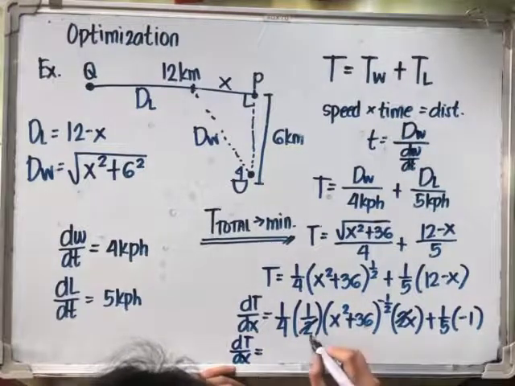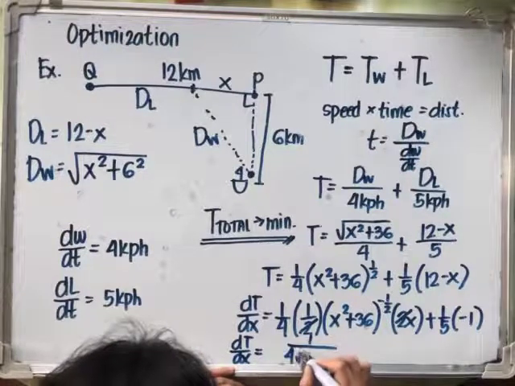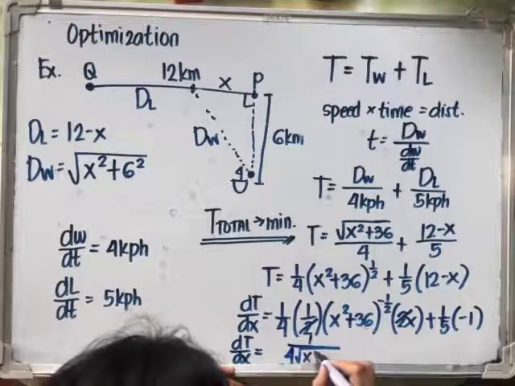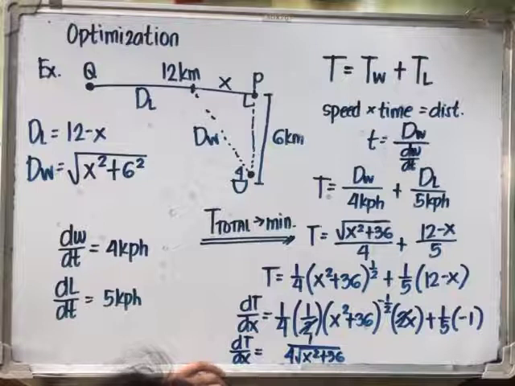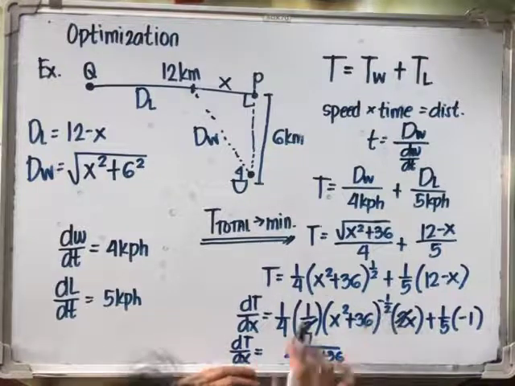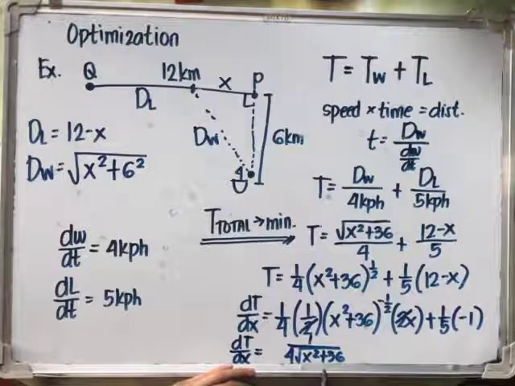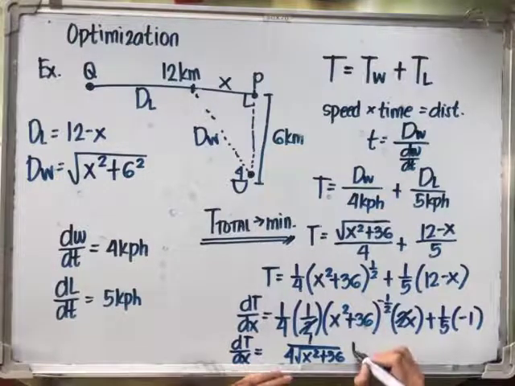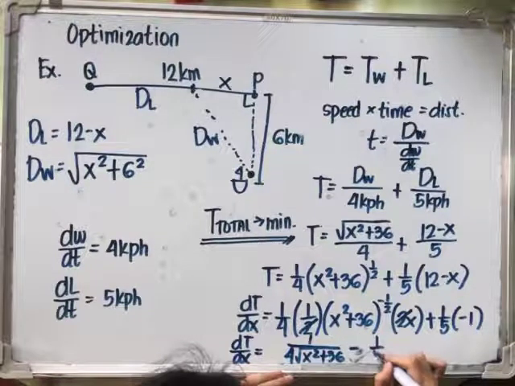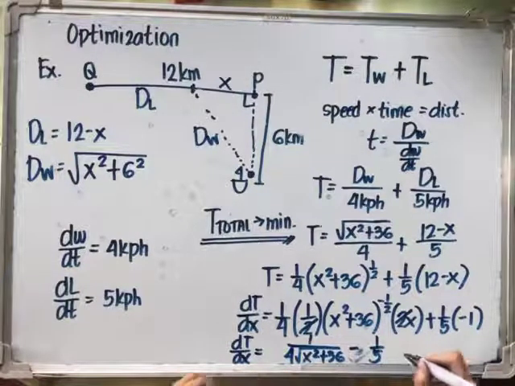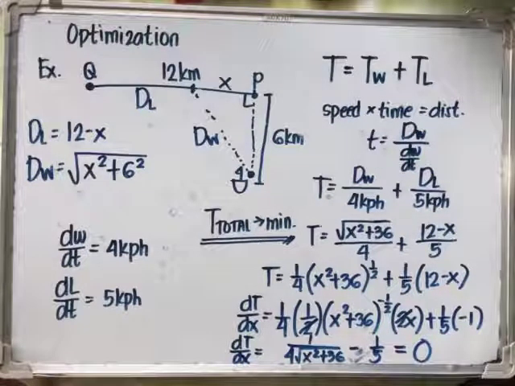And so we have 1 over 4 square root of x squared plus 36. Okay? 1 na lang ang numerator, ang 4 nasa baba, and since this is a negative exponent, you are putting it down here as well. Plus or minus 1 over 5. And this should be equal to 0 for it to be fully minimized.